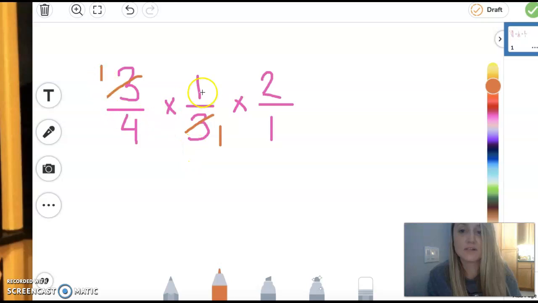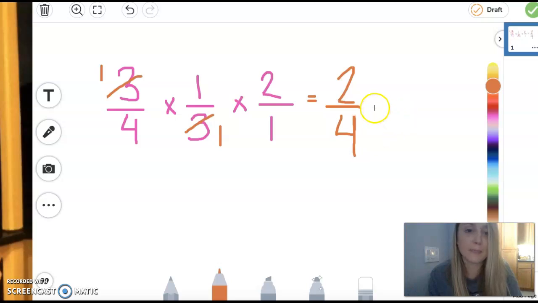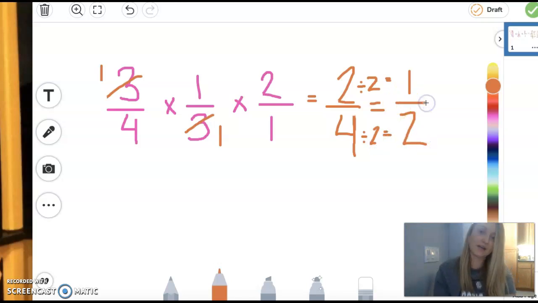These don't have any, so 1 times 1 is 1, times 2 is 2, and then 4 times 1 would be 4, okay? And then we'd have to divide. We get 1/2 there, okay?